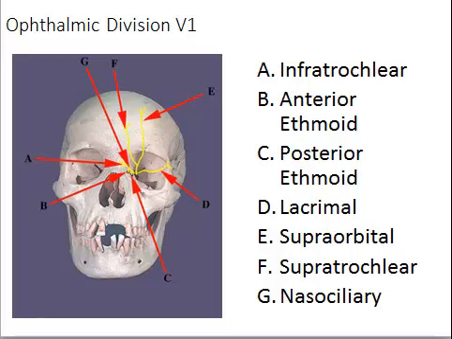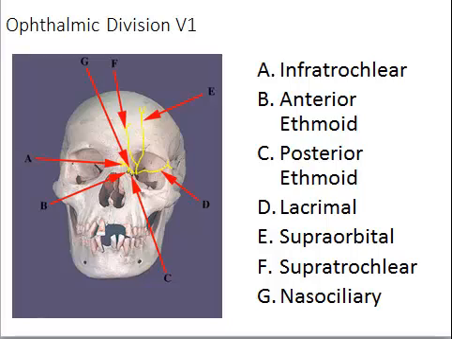So here are the individual, the smallest of the small branches of the ophthalmic division. We have the infratrochlear, the anterior ethmoid, the posterior ethmoid, the lacrimal, the supraorbital, the supratrochlear, and the nasociliary. So E and F, the supraorbital and the supratrochlear, are divisions of the frontal branch.